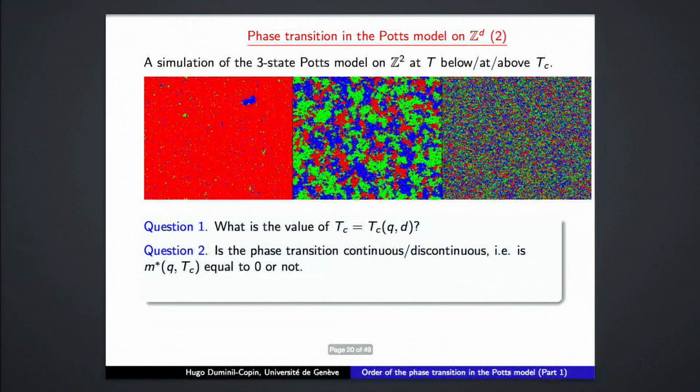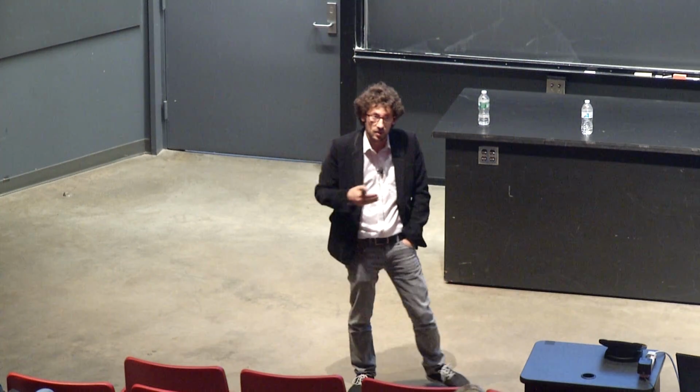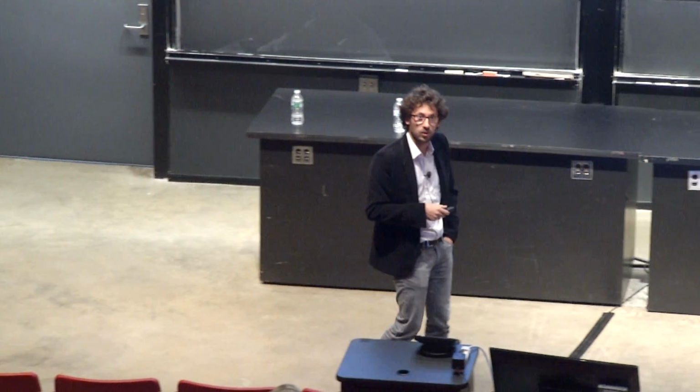The second question is, I told you that strictly above the critical temperature, you have zero magnetization, a loss of symmetry breaking, and strictly below, you have symmetry breaking. What is occurring at the critical parameter? There you can imagine two things: either there is ordering or there is disordering, that is, either symmetry breaking or no symmetry breaking.